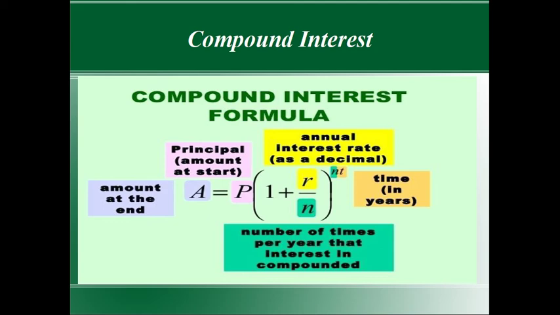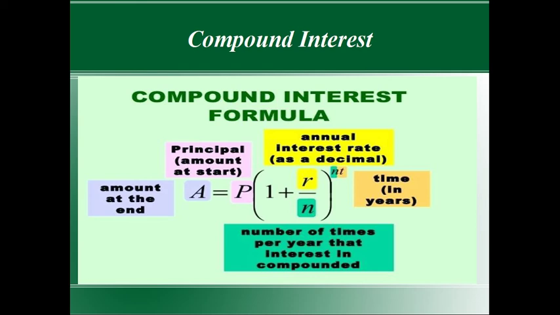Because if you don't put the 1, the result is going to be less than the principal you started with. It's going to be wrong. And R is the interest rate, N is the number of times that it is compounded. So if it's compounded monthly, then N will be equal to 12 because there are 12 months in the year. And once you get all these, it's very simple to calculate.